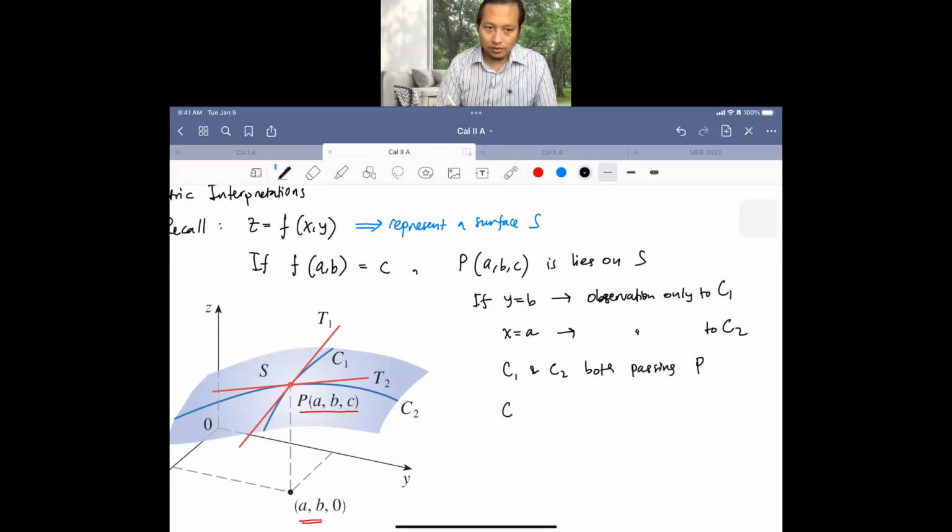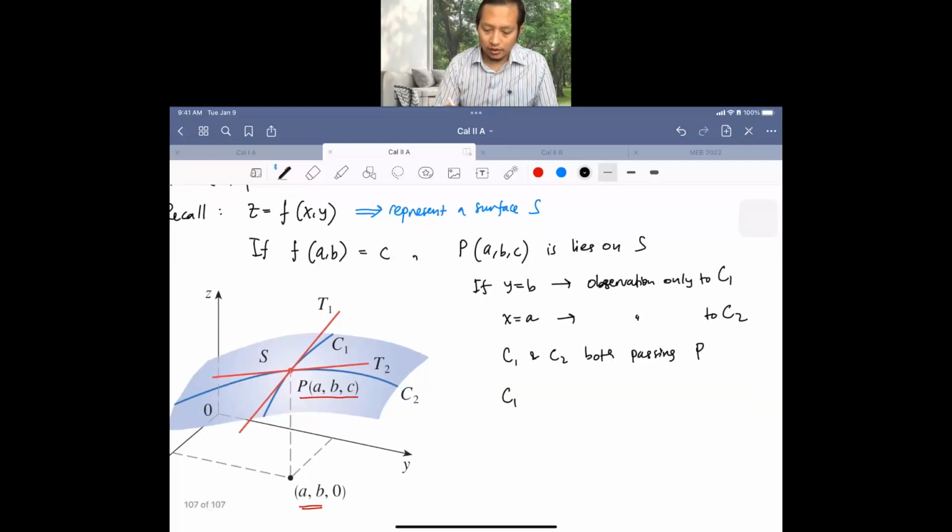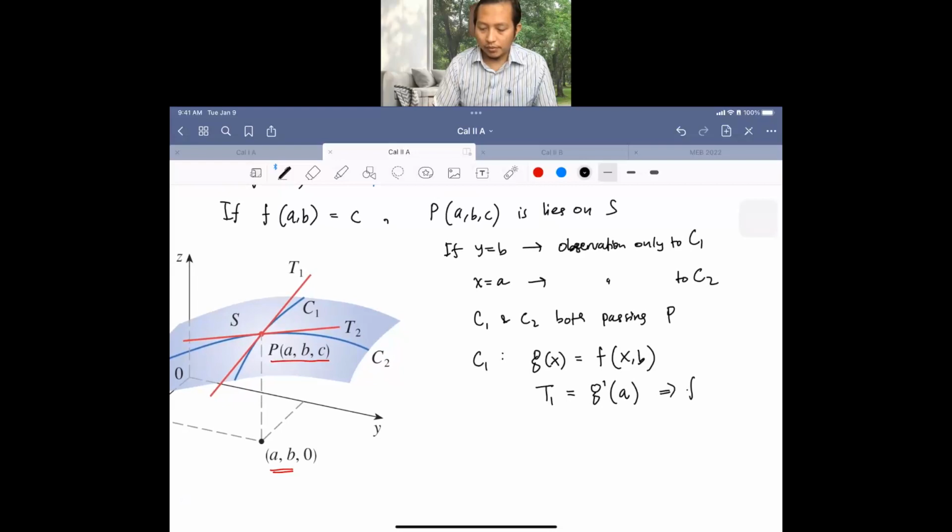And for C1, we can write the function as we defined previously, g of x, where y is a constant b, and the terminology for the slope or tangent is our first derivative at A, or we can write this as partial x AB.